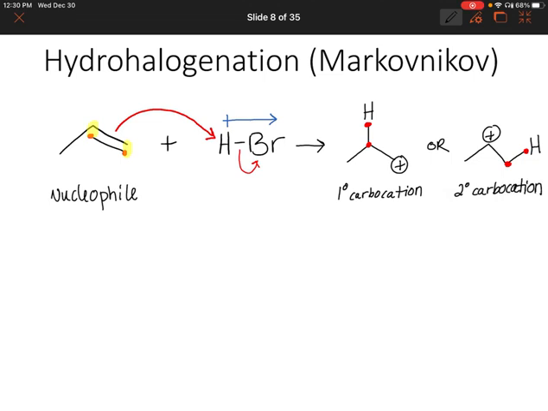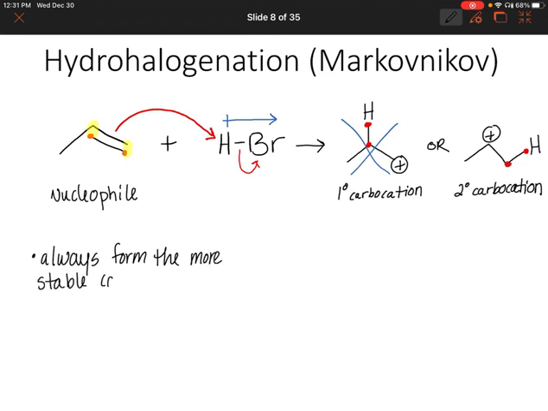Okay, so which one is more stable, the primary carbocation or the secondary carbocation? The secondary carbocation is more stable. So that will be the preferred position for the hydrogen atom. So the first situation won't happen. So let's just make a note off to the side. We're always going to form the more stable carbocation.